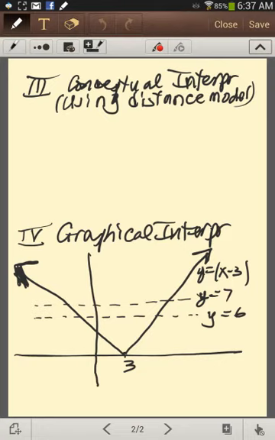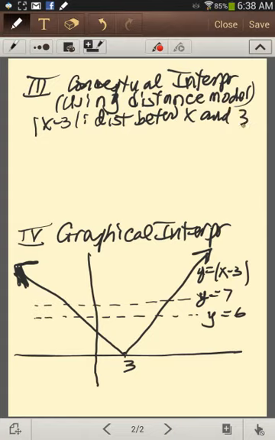So absolute value of x minus 3 is, or can be thought of as, the distance between x and 3.